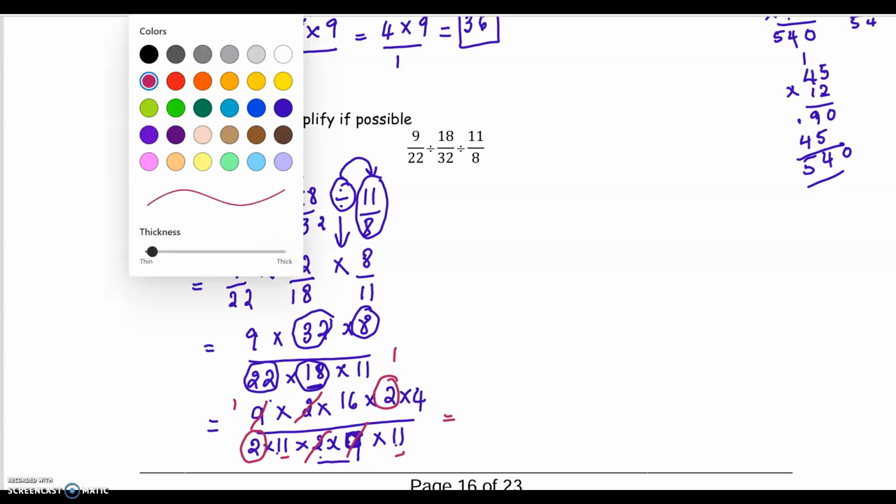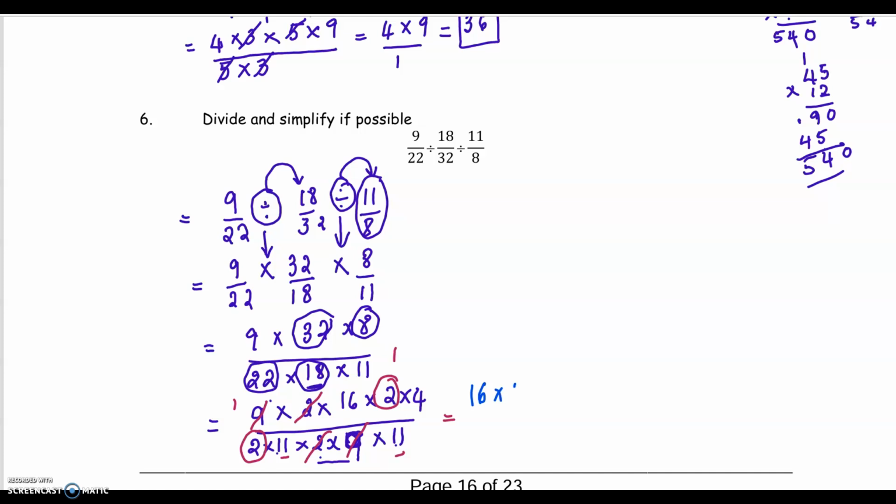So what do we have next? 11 doesn't go into any of these. So we have 16 times 2 times 4 divided by 11 times 11. Double check for the last time if anything cancels, and it's pretty clear that nothing cancels because 11 is a prime number, and I don't see 11 as a factor in any of these numbers. Now finally, once I've double checked, I'm going to go ahead and multiply the numbers.